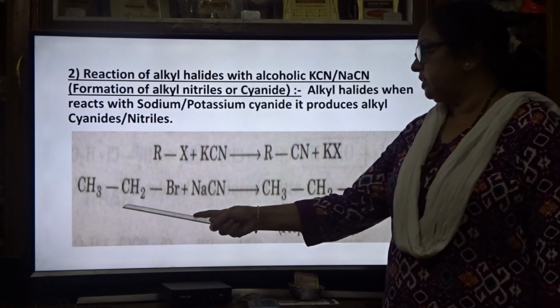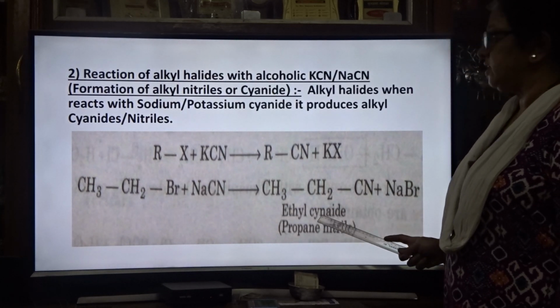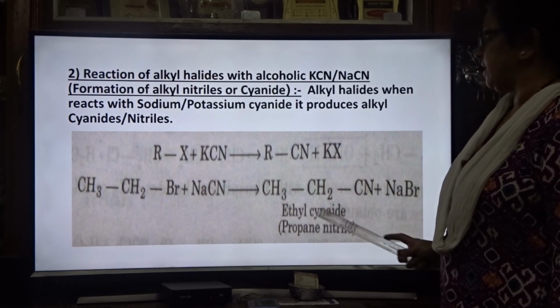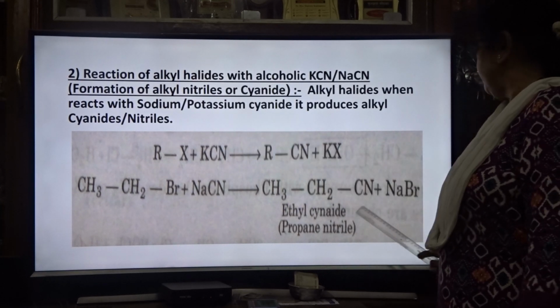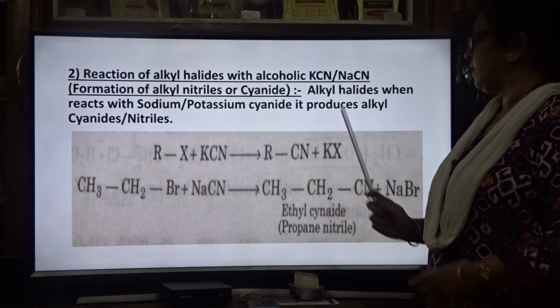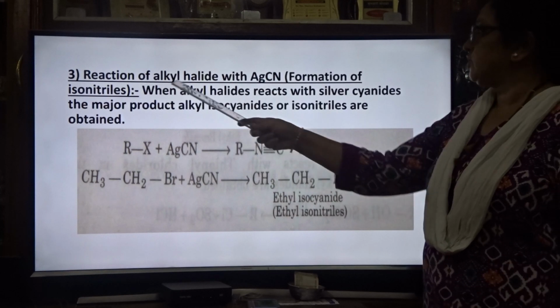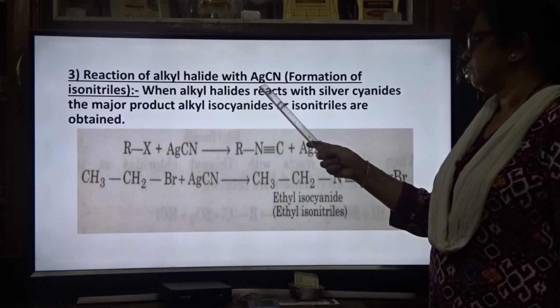For example, ethyl bromide and sodium cyanide give ethyl cyanide, also known as ethyl nitrile, and sodium bromide. This is the reaction of alkyl halide with alcoholic KCN.